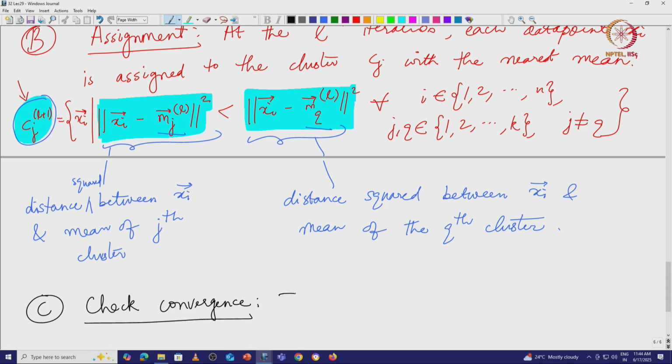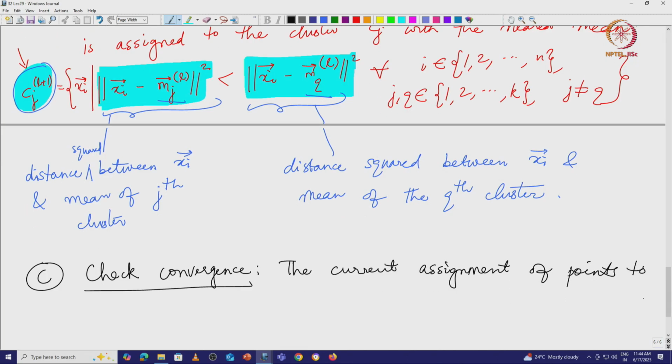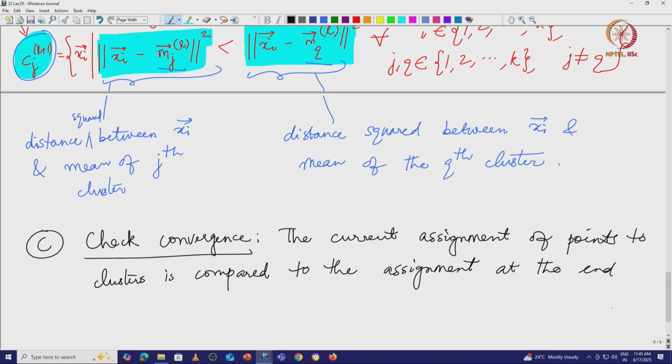Okay. So, the current or latest assignment of points to clusters is compared to the assignment at the end of the previous iteration.